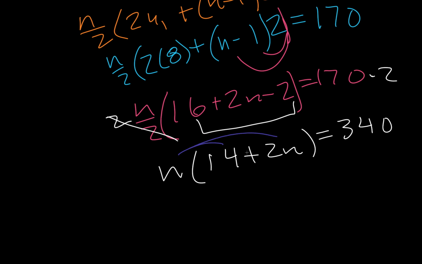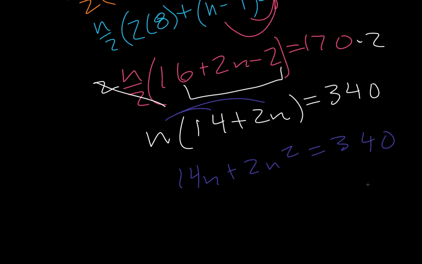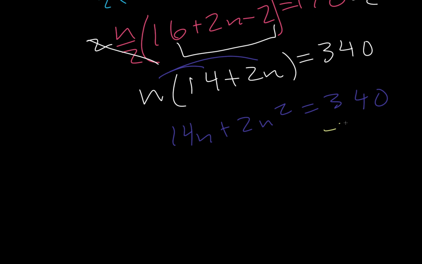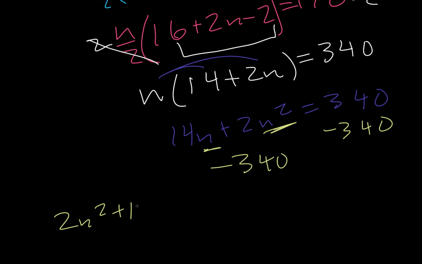Okay, now we distribute the n. So we get 14n plus 2n squared equals 340. So that's going to create a quadratic. So we need to get everything onto the same side. Since we have an n squared and an n, we know it's quadratic. So I'm going to order this how we order quadratics.